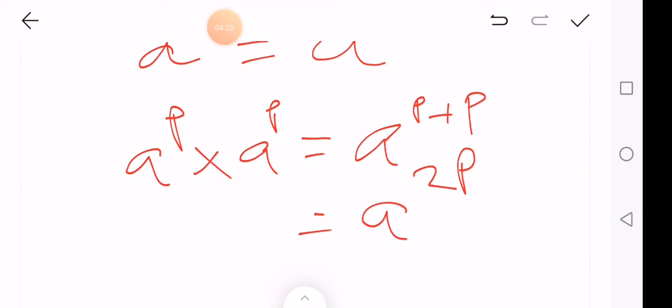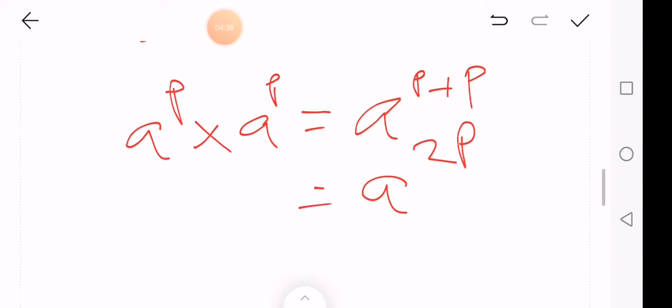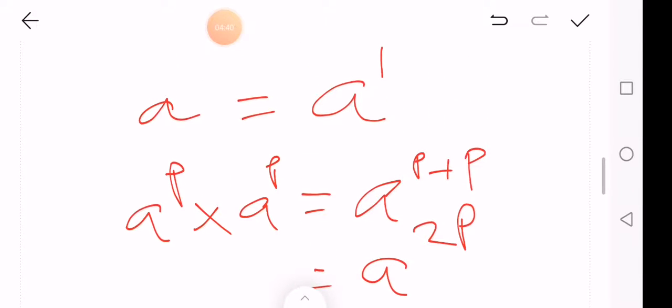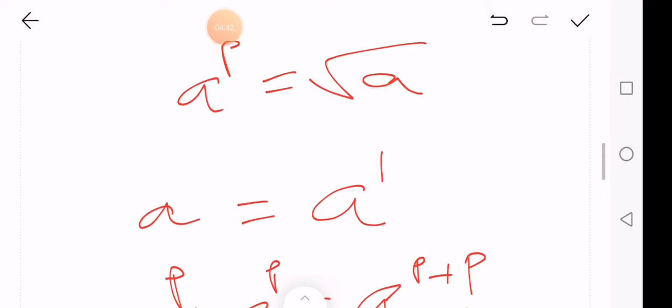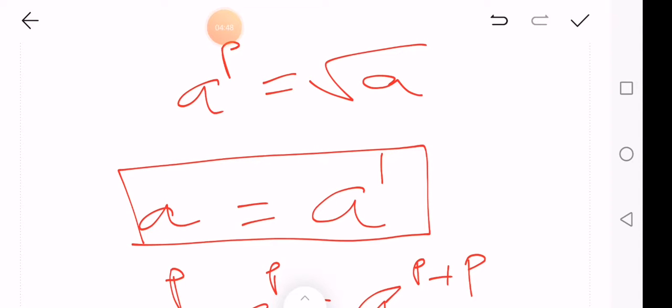Let us continue. We all know that a is equal to a to the power 1.